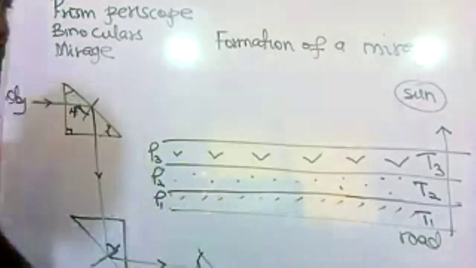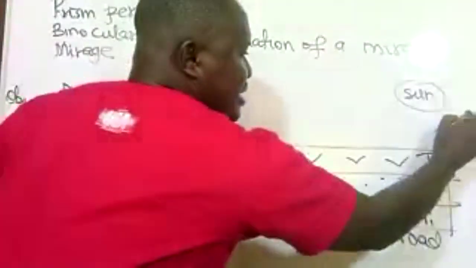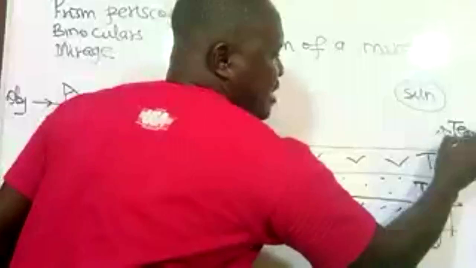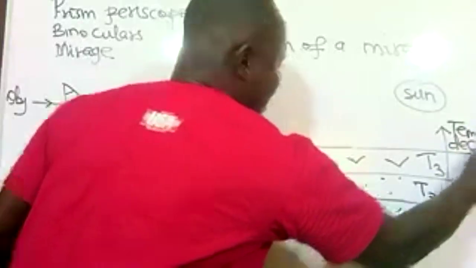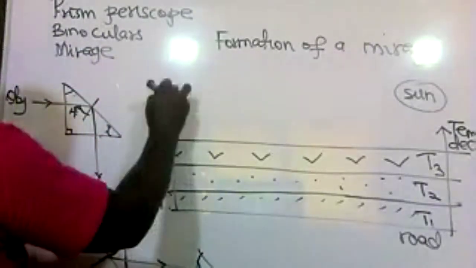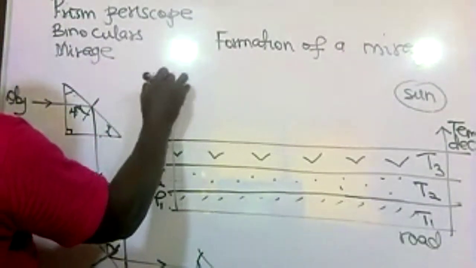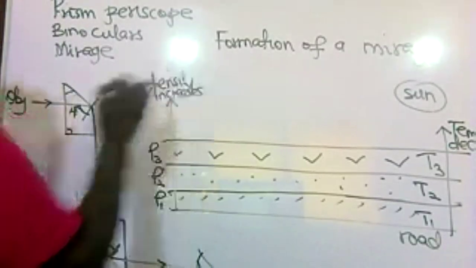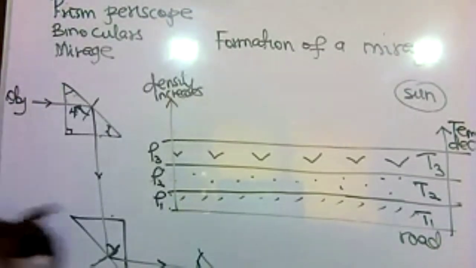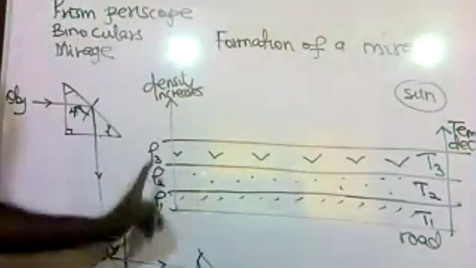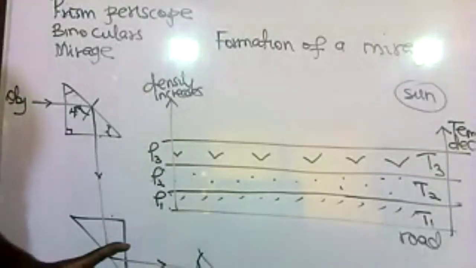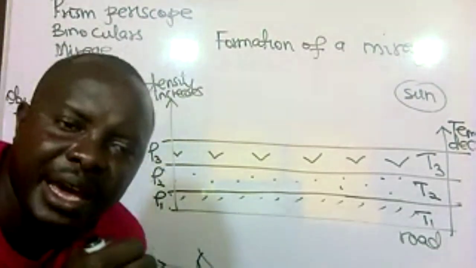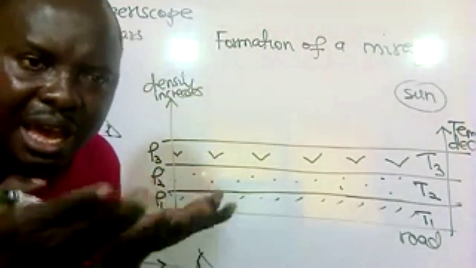So as we go up, temperature decreases, and in the same way as we go up, density increases. So temperature is decreasing, density is increasing. This is because when the temperature of air increases, air becomes so light.